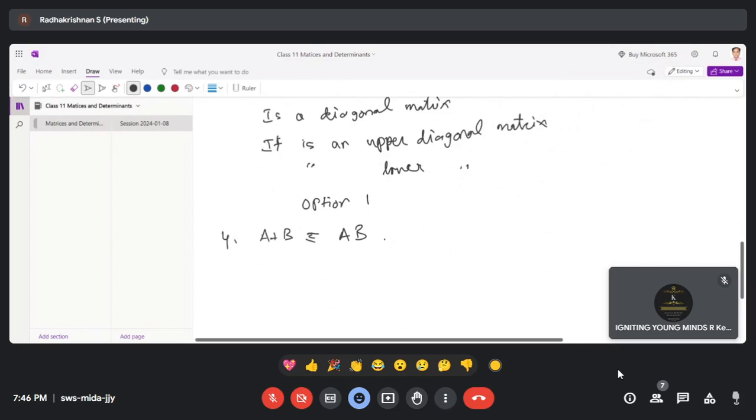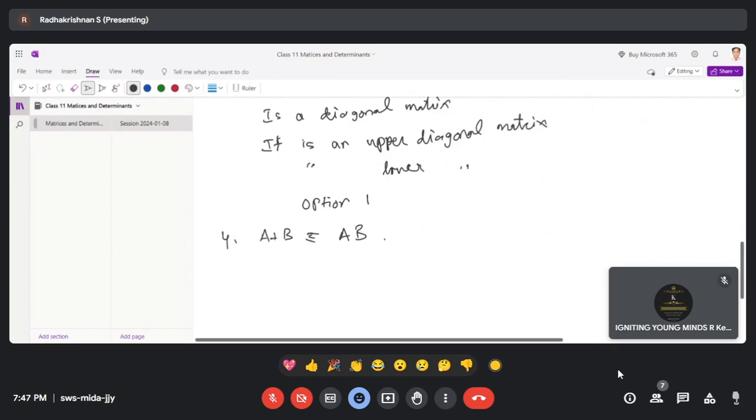So the options given are: A and B are 2 matrices not necessarily of the same order. Is this true? No, sir. Because if 2 matrices can be added, then they have to be of the same order.